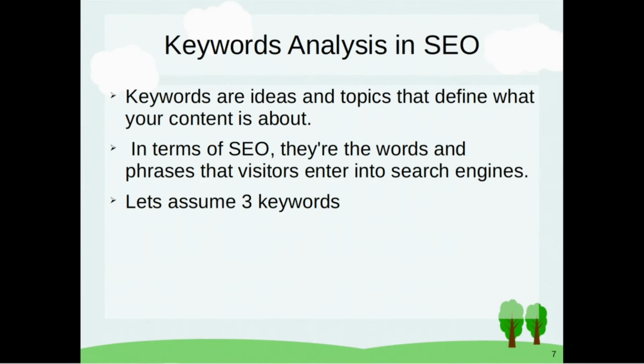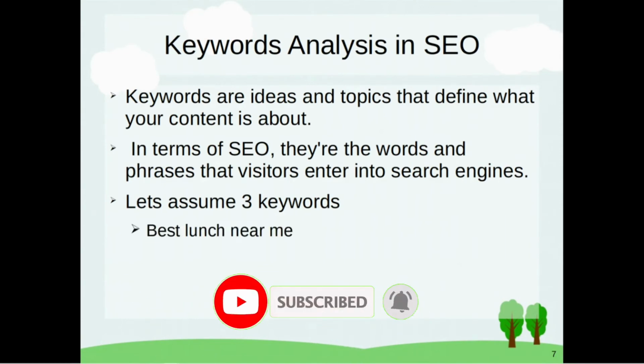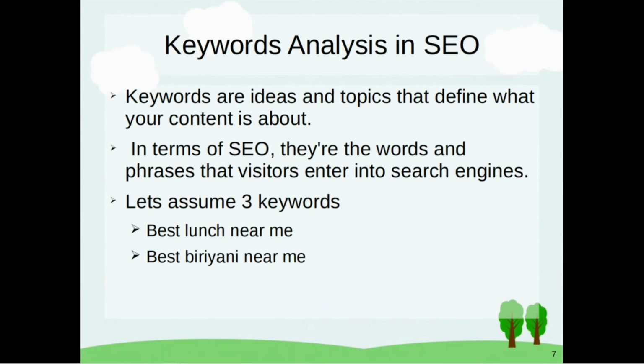Here we assume three keywords. First is "best lunch near me." Second is "best biryani near me," which is more specific. And the third is the name of the restaurant itself. All these three keywords are the first and basic keywords for the restaurant owner in order to do SEO.